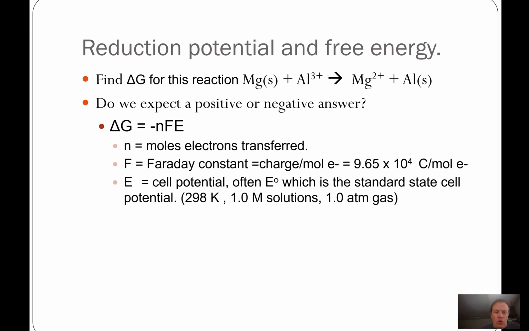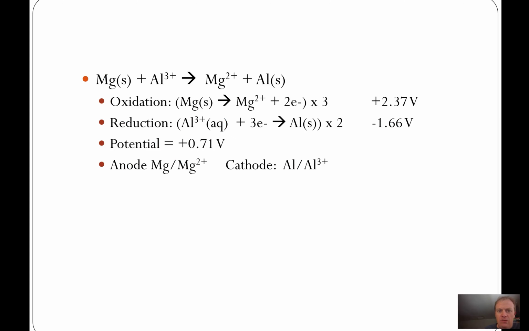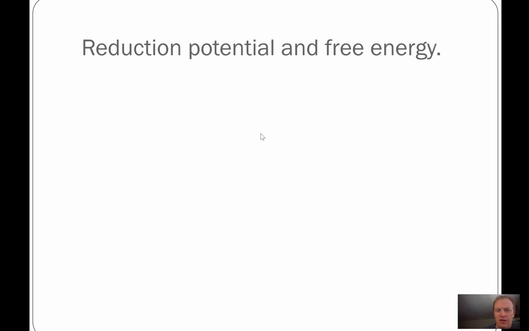Alright, so let's just solve for this real quick using this reaction that we already did. Now, thinking back to the one we calculated here, n, the moles of electrons transferred, is going to be 6. Because 2 times 3 is 6, 3 times 2 is 6, there are actually 6 electrons being transferred here.